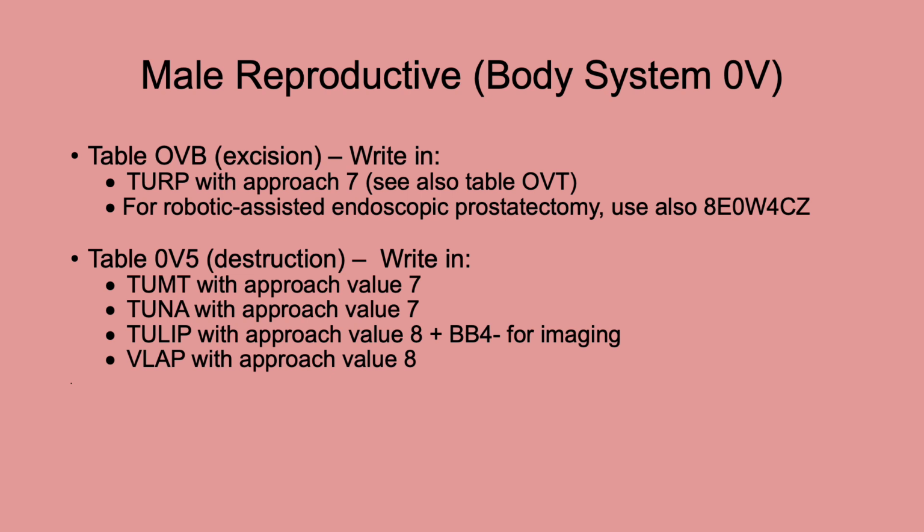Under table 0V5, destruction, write in TUMT with approach value 7, TUNA with approach value 7, TULIP with approach value 8 plus BB4 and the rest of the code. For imaging, for VLAP, use 0V5 with approach value 8. So lots of different things for prostate surgery, and you want to try to keep them clear.